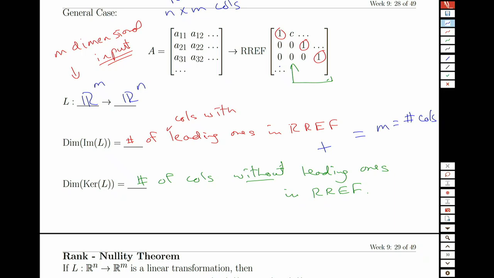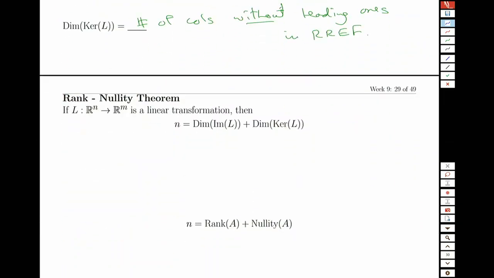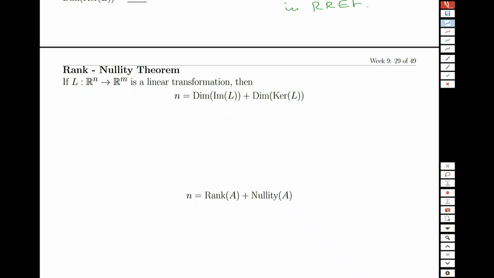And that, honestly, is the vanilla version that leads us to the Rank-Nullity Theorem, one of the fundamental theorems in linear algebra. If we have a linear transform which has an n-dimensional input space, that's all that matters. The output space didn't matter for any of the stuff we did. It was all about the input space.